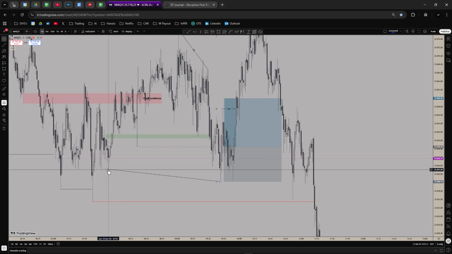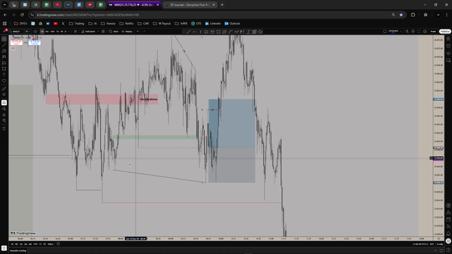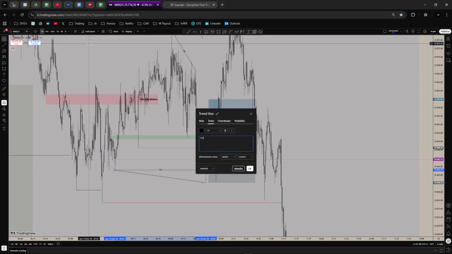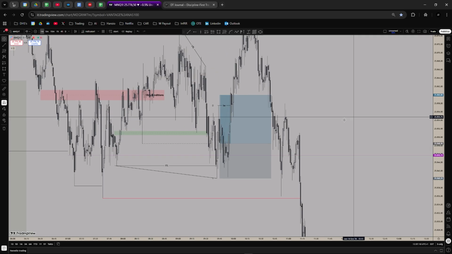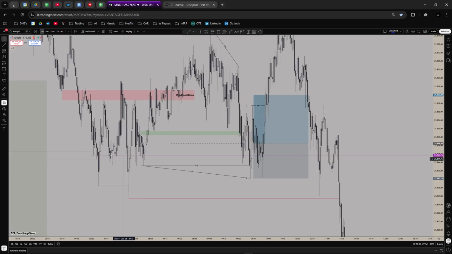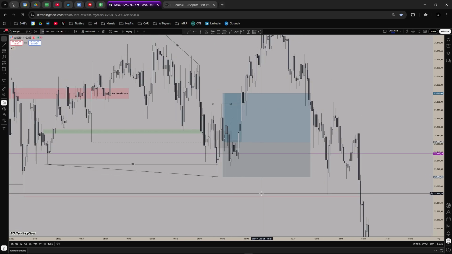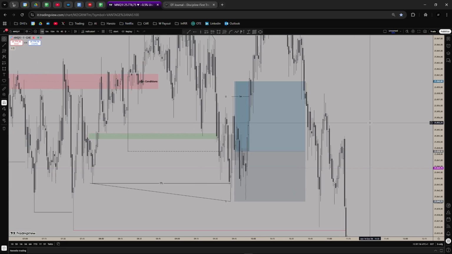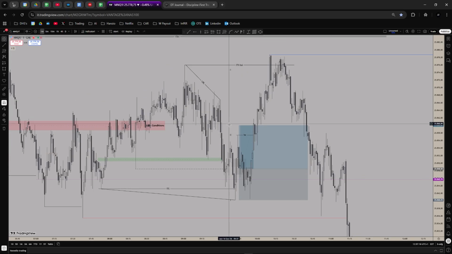And then on ES we didn't sweep this low, but on Nasdaq we swept this internal low. This is, let me mark it out, internal low, right? So we swept this internal low. We put an SMT. So I said like, okay, it looks like an A plus setup.